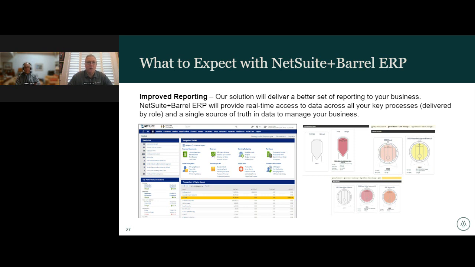And so what we want to be able to provide is, again, in that same system and using that same data, real-time reporting, whether that be reports itself or dashboards that are tailored by role. If I've got a purchasing person, I want them to see purchasing information right up front. I want them to have a dashboard that's relevant to them.